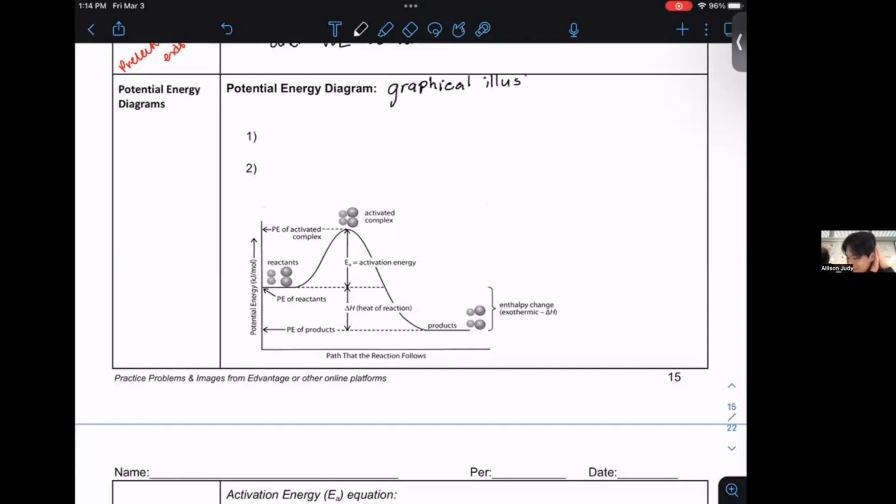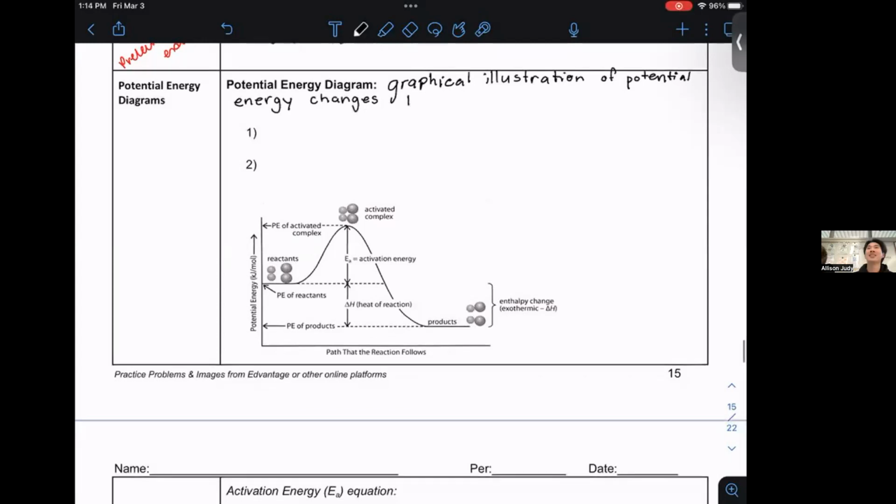First, you can easily see the change in H. And the second is that it shows the atomic rearrangement process according to energy. Once Keaton's done writing, we'll see how that works.